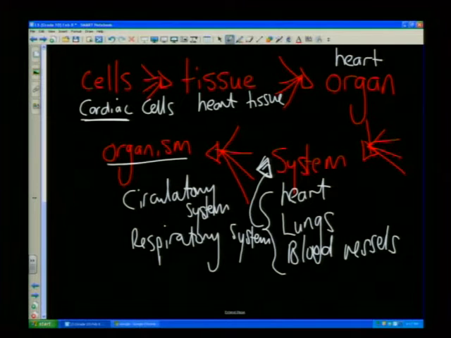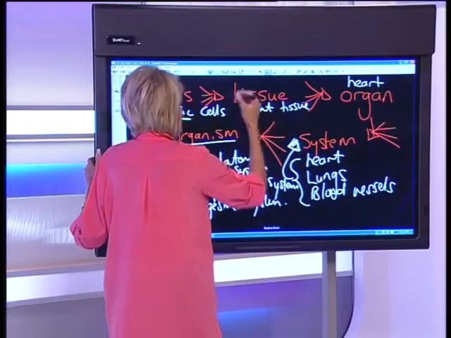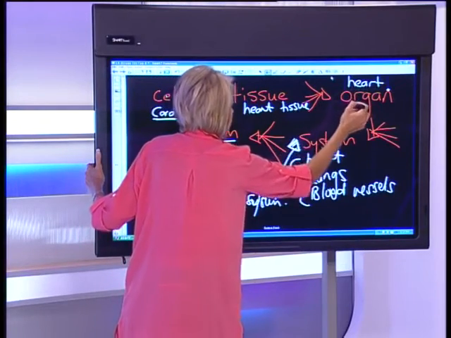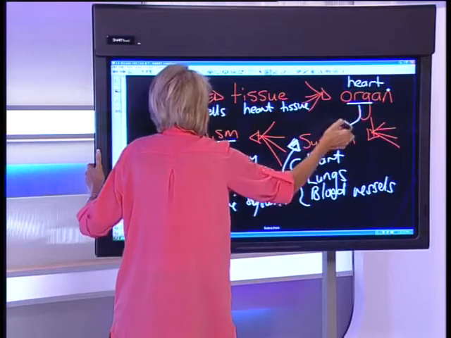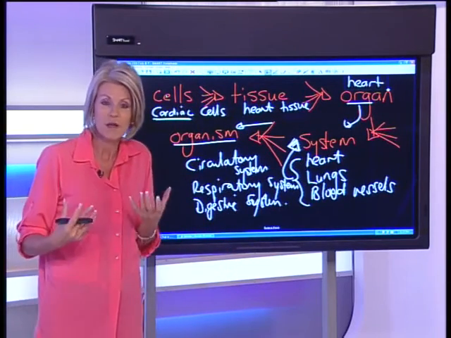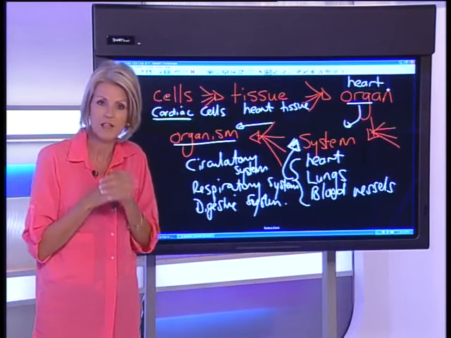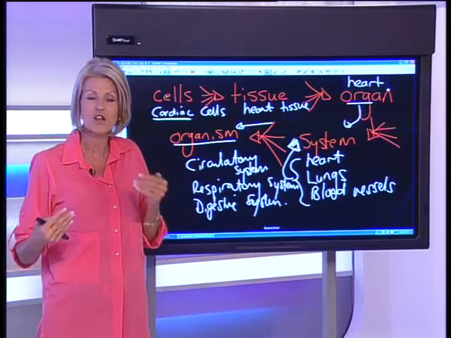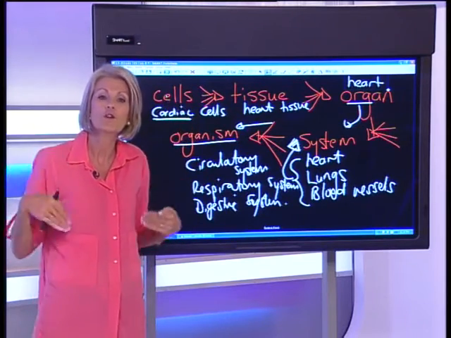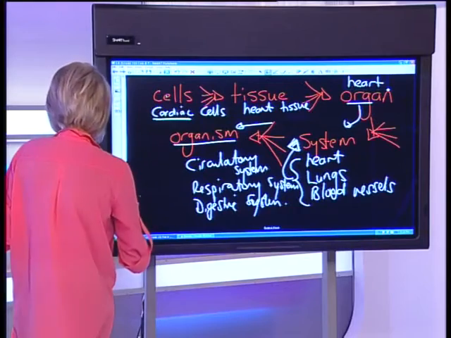You have the digestive system, and they all are made up of cells that group together to form tissue, that groups together to form an organ, that groups together to form a system, that groups together to make us an organism. In other words, everything is coordinated and works properly together. And that is the function of the brain and the nervous system, which you're clearly going to do at a later stage.